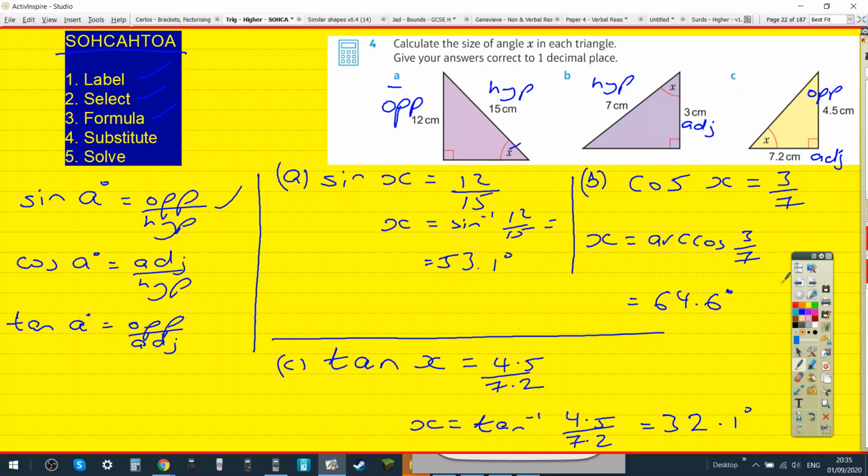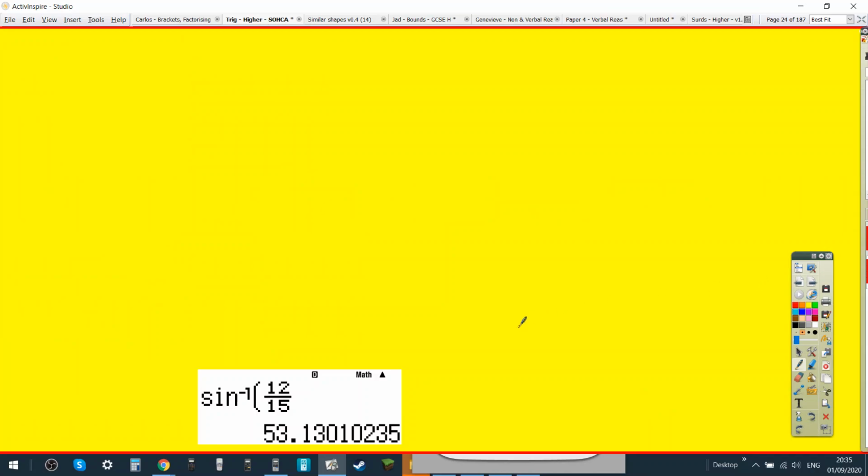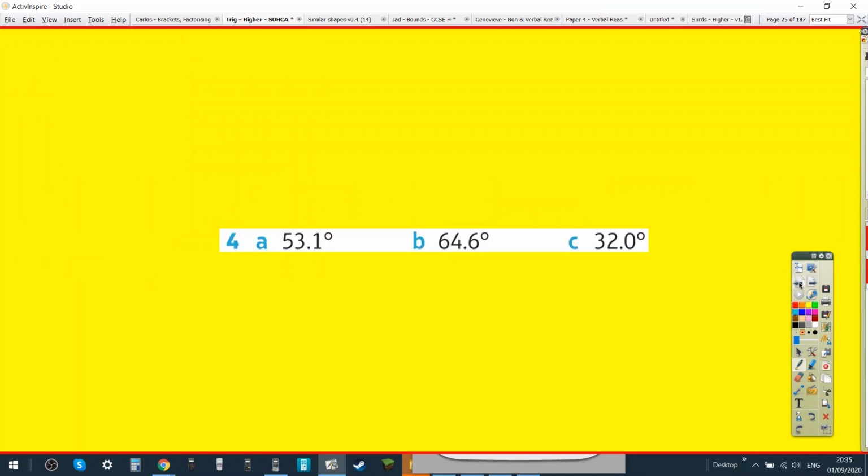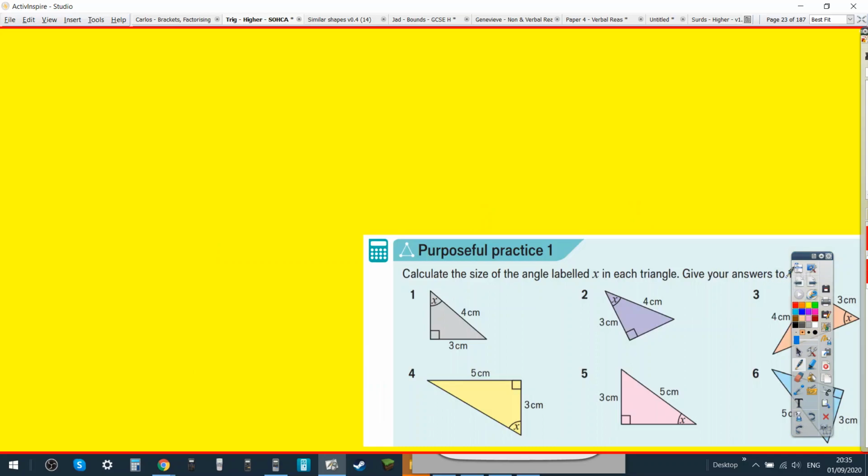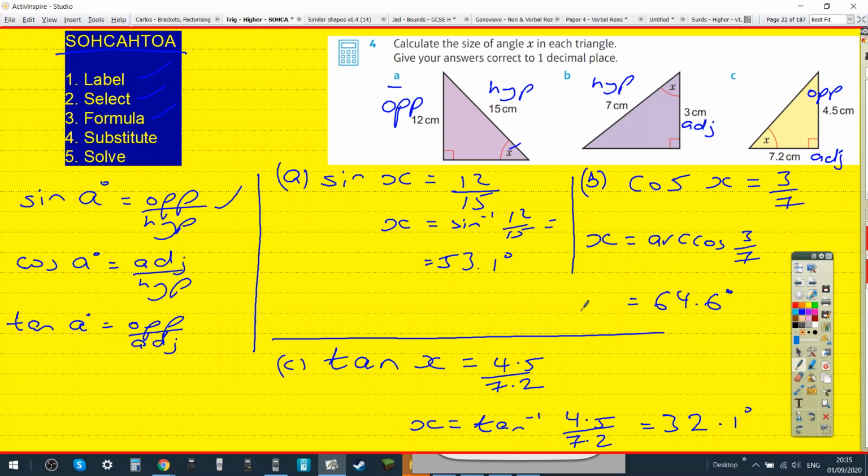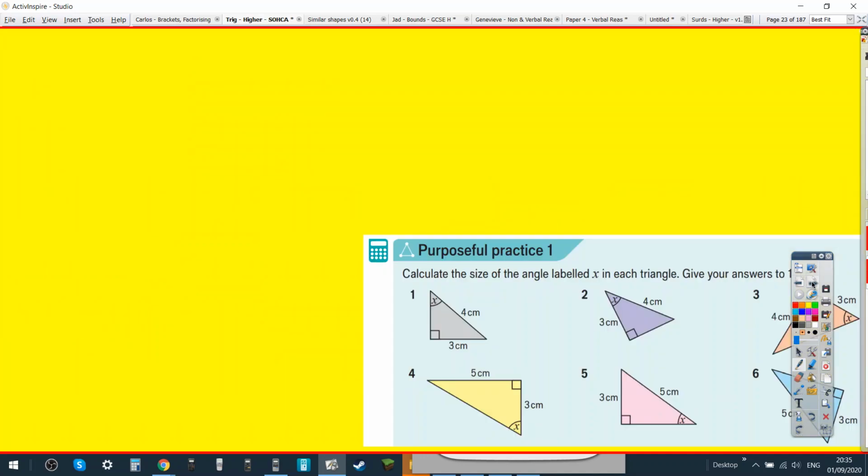So 53.1, 64.6, 32.0, rounded off. Yeah, so just watch out for that. But yeah, those 5 steps: label the sides, select sine, cos, or tan, write out the formula, sub into the formula, and then solve it. Any questions about those? No.